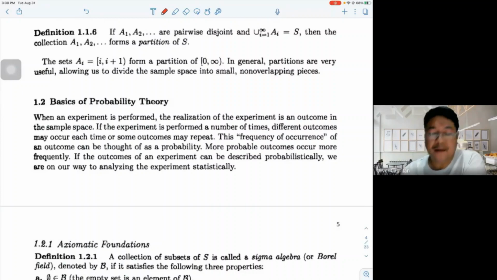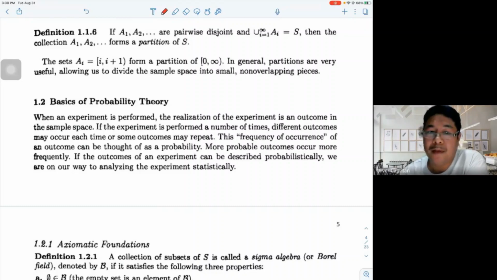As an intro to this section, when an experiment is performed, the realization of an experiment is an outcome in the sample space. If the experiment is performed a number of times, different outcomes may occur each time, or some outcomes may repeat. This frequency of occurrence of an outcome can be thought of as a probability.